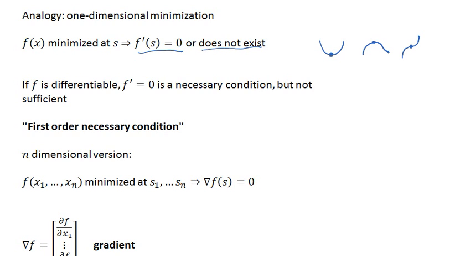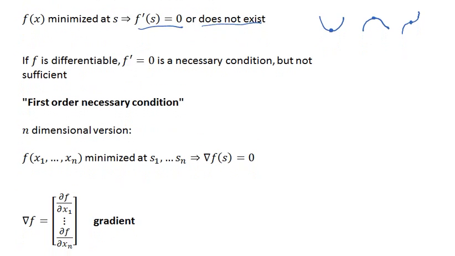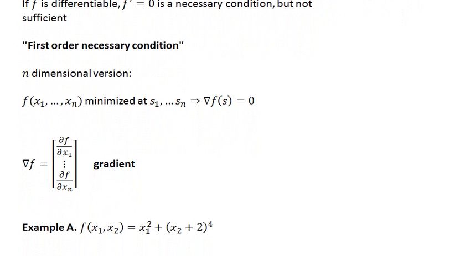What we say about f prime equaling 0, we call a first order, because it's a first derivative, necessary condition. It's a necessary condition in order for us to find a minimum, but it's not sufficient. You could have f prime equal to 0 and still not have a minimum. But for the most part, the first order necessary condition is as much as we can check. And that's going to be our target in the multidimensional case.